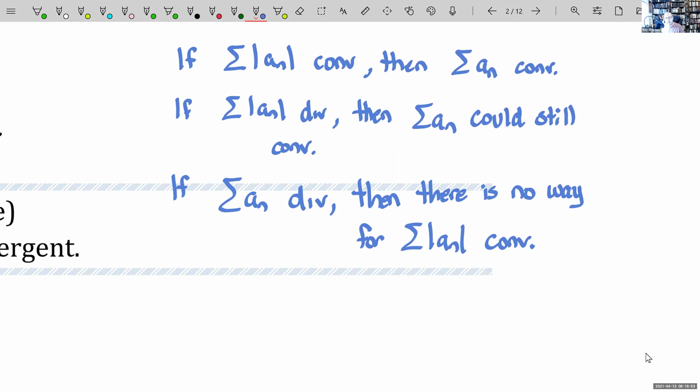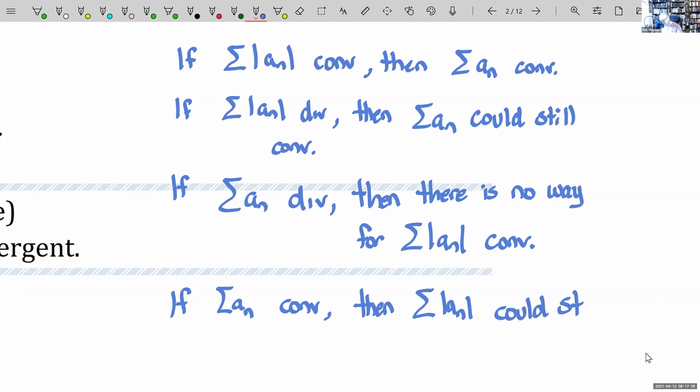And then let's do the last one. If the original series converges, then the absolute value could still converge or diverge.